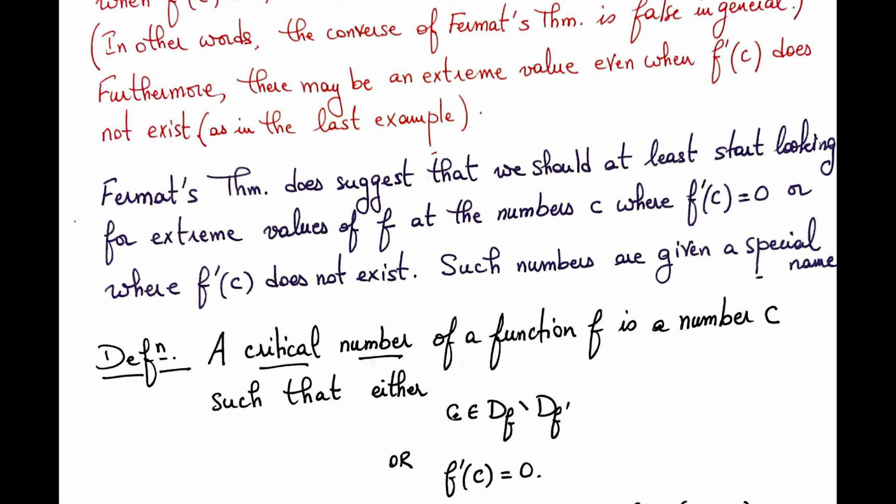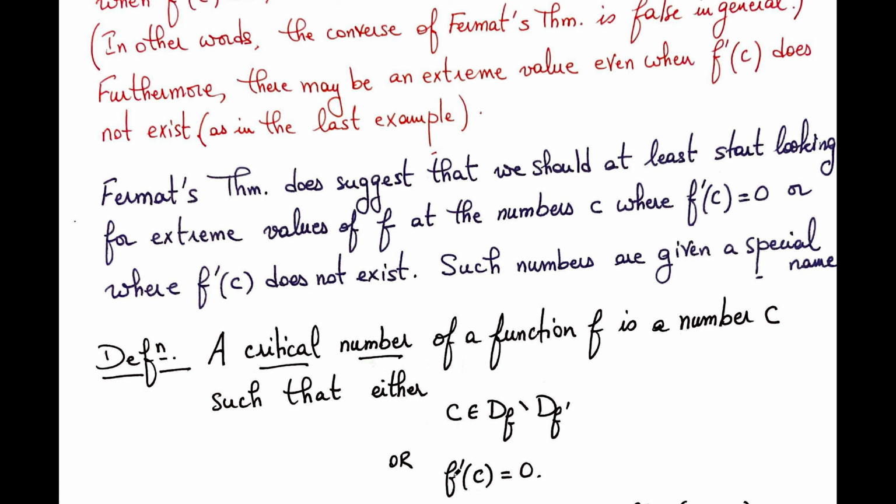So if you have a number that belongs to the domain of f but does not belong to the domain of f prime, this number is referred to as a critical number. This means the function is defined at c, but the function is not differentiable at c. This is what this writing means. So such a number is referred to as a critical number.